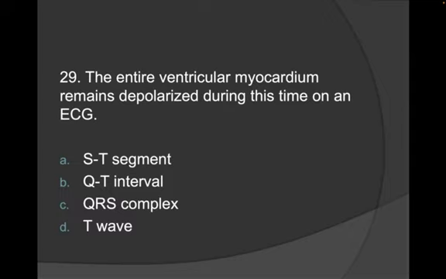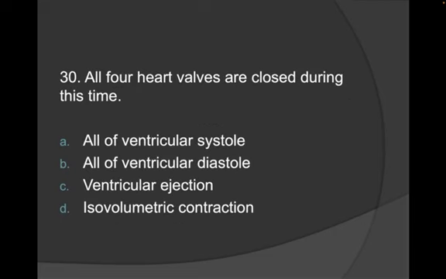This is when the isovolumetric contraction will also happen. QRS complex is still dwindling between repolarization, depolarization. Yeah, this is the ST segment. All 4 valves are closed during this time. D, isovolumetric contraction, means the volume in the ventricles is completely constant.